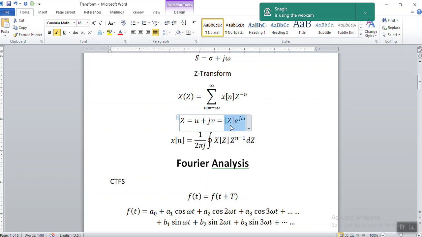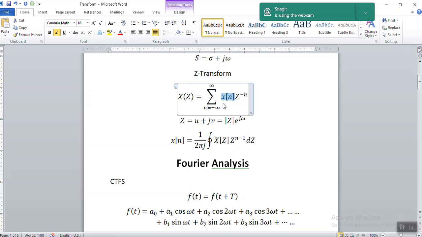If the magnitude of z is equal to 1, then z is equal to e to the power j omega. So if we replace z by e to the power j omega in the Z transform, it becomes the DTFT of the same signal.